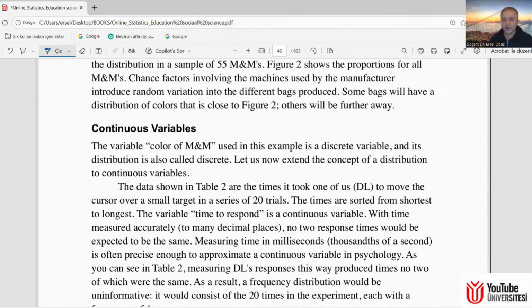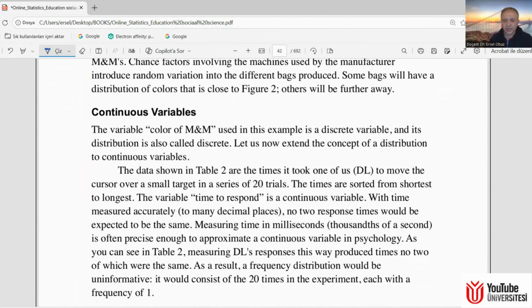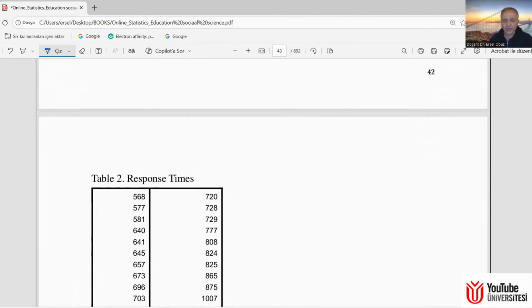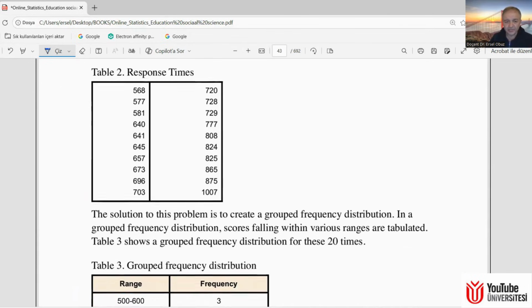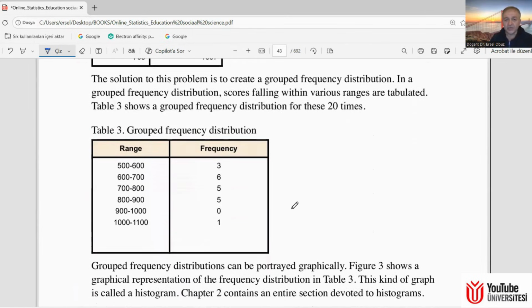Okay. So we may talk about continuous variables. For continuous variables, you see you have the response times, right? Since we are measuring time, it means it is a continuous variable. Okay. We can have grouped frequency distribution. We have the values, the range, okay?